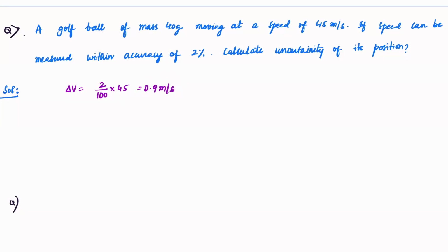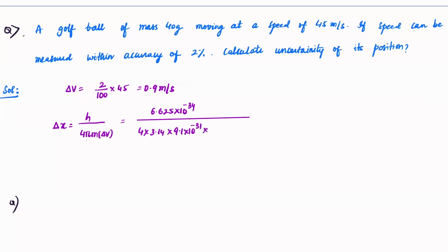Since we know delta X will be equal to h by 4 pi m into delta V, that is equal to 6.625 into 10 raised to minus 34, which is Planck's constant, divided by 4 into pi, where pi is 3.14, into mass, 0.04 kgs, into delta V. Delta V is 0.9.